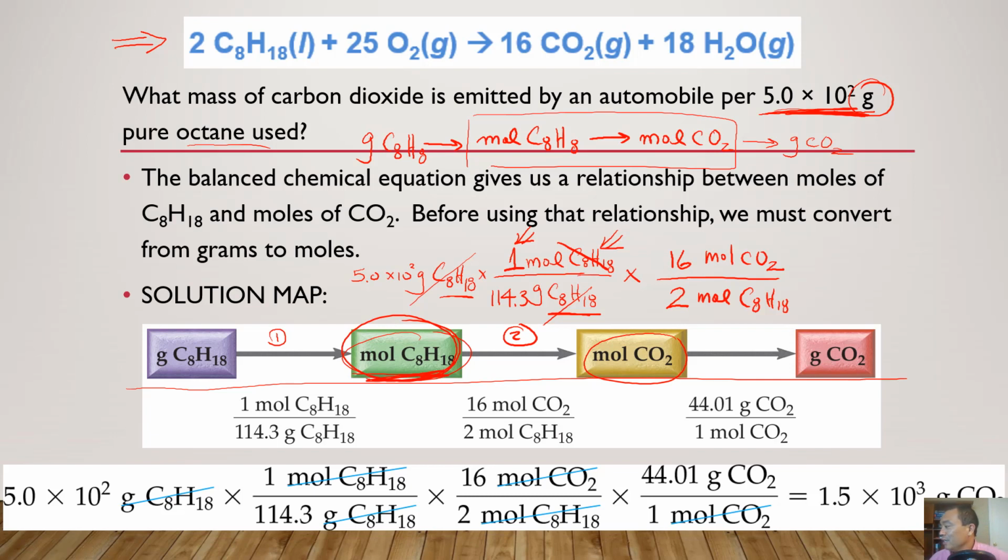Now step 3, you need to convert moles of CO2 to grams of CO2. You need to cancel out moles of CO2, that's why moles of CO2 is at the bottom and grams of CO2 is at the top. Then again, the same question.